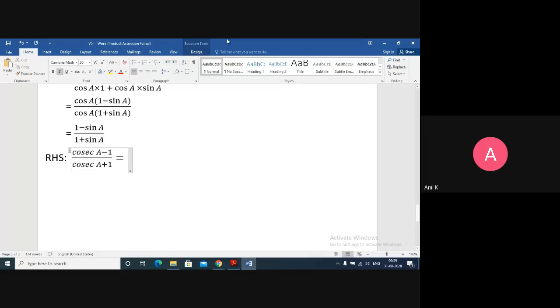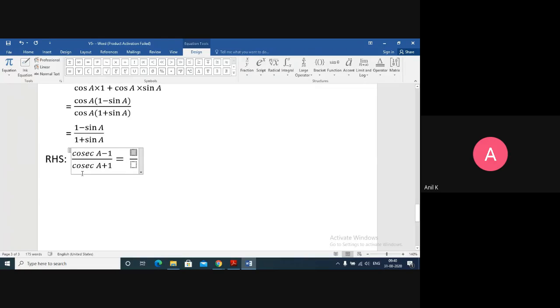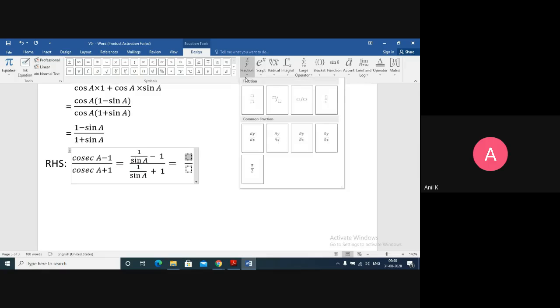Which is equal to, this is my RHS as given. So cosec A, you can write cosec A as 1 upon sin A. This is cosec A. Next one. The denominator also you have cosec A. That also can be written as 1 upon sin A. What we do here is, again we'll take the LCM in the numerator and LCM in the denominator.